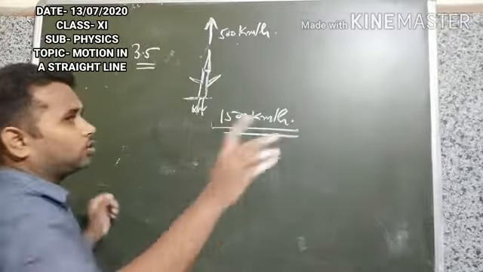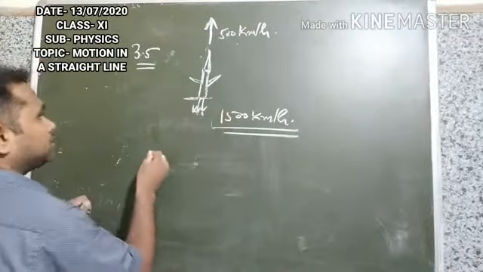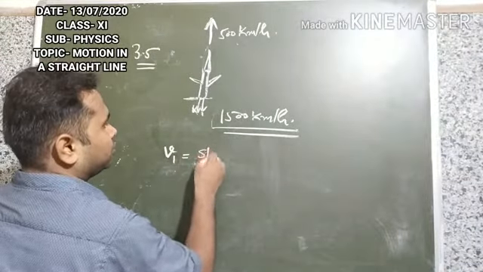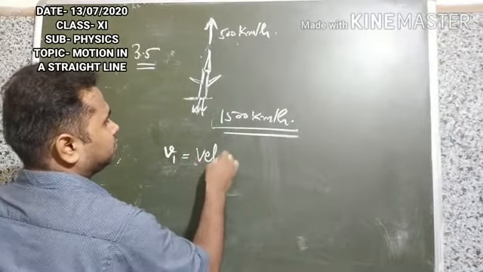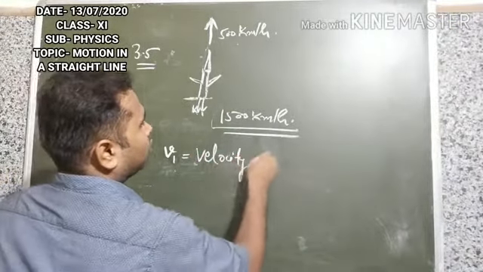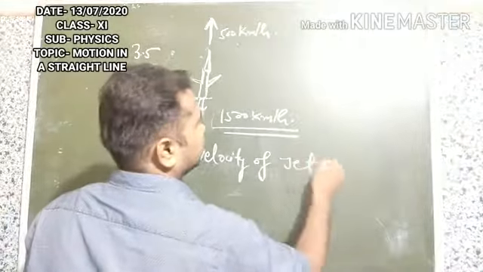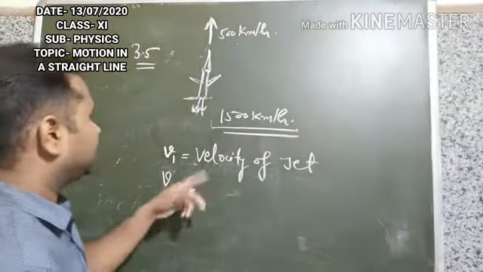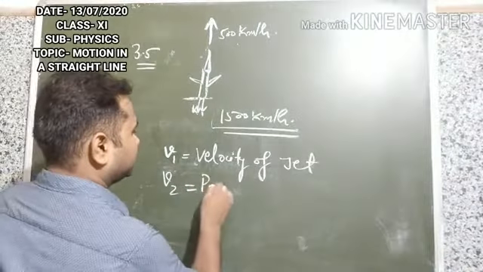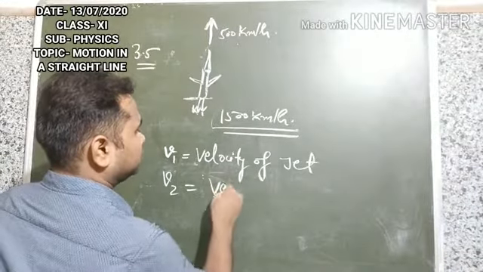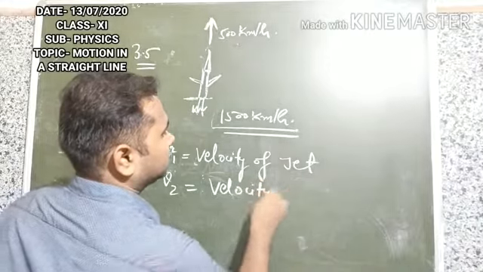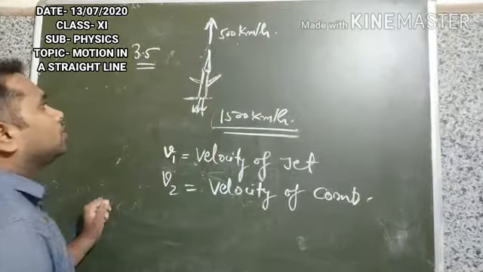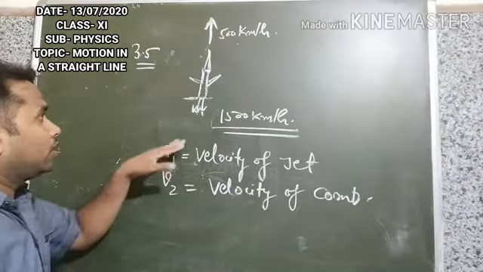So there are two things here. First, v1, the velocity of the jet, and v2, the velocity of the product of combustion. Only two things are in motion here, the jet and the product of combustion.